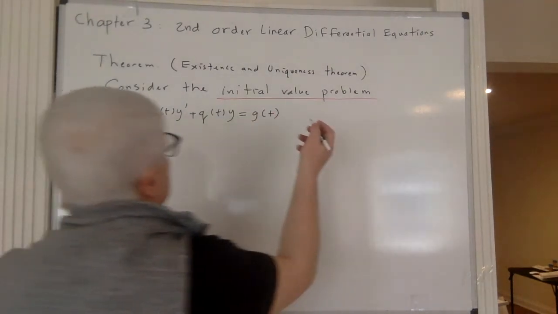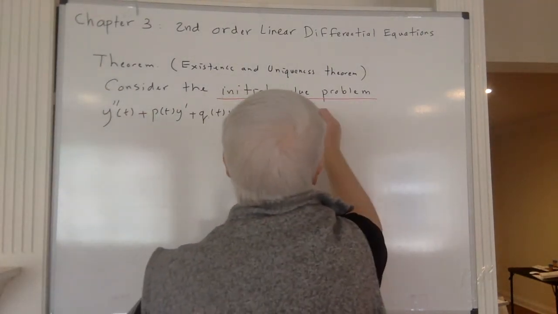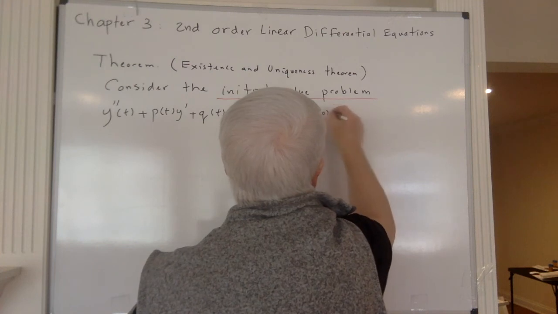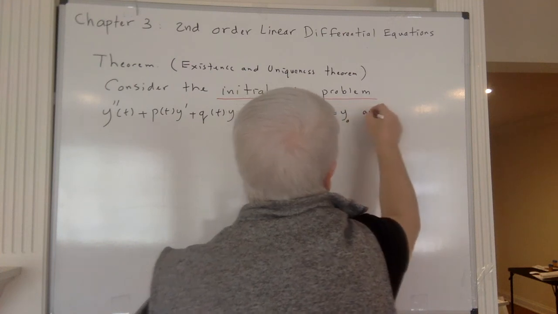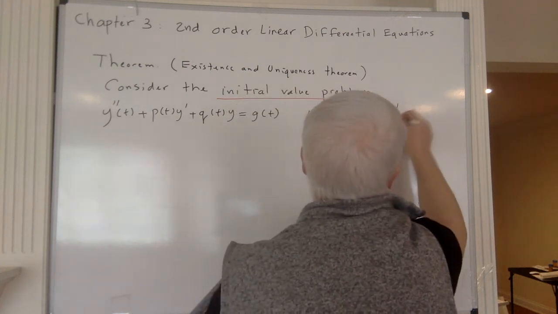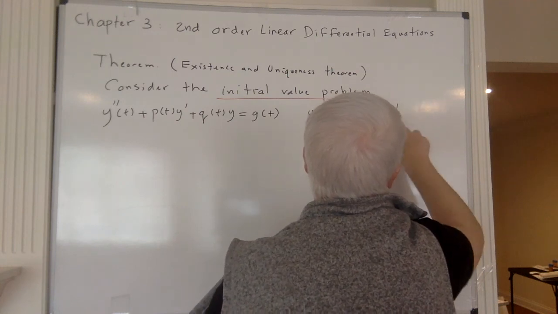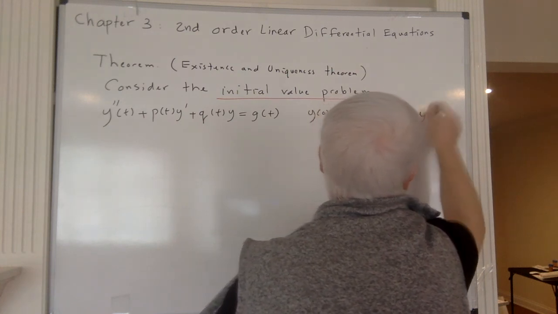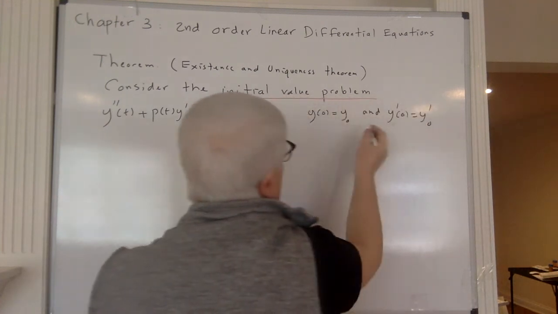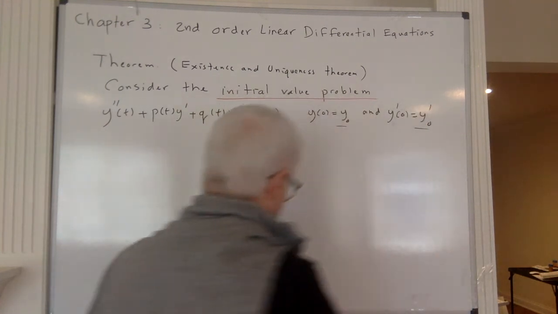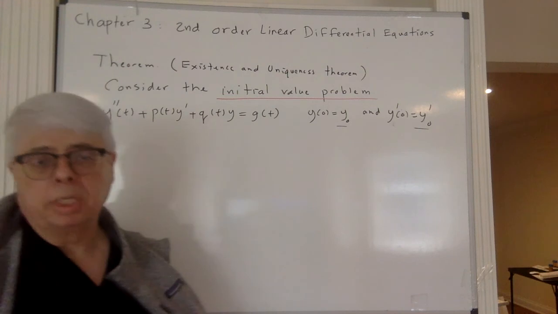So the initial values are y at 0 is y0, and y prime at 0, let's call it just y prime 0. So these two are constants, like a and b.